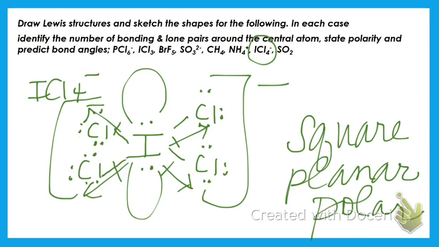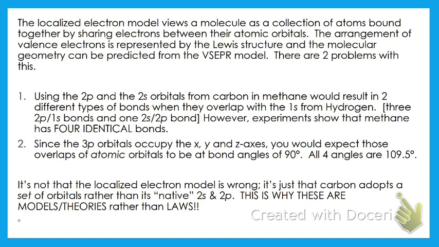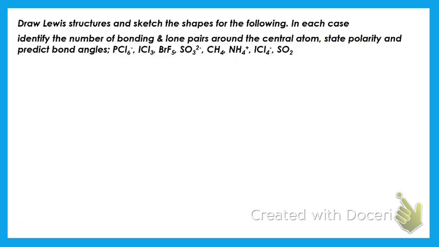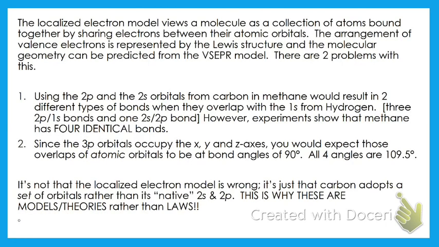Okay. All right, so that's going to take us to hybridization. I think I skipped one. Nope. Okay. So the current model that we've been talking about, the localized electron model, has a problem. 2 problems to be exact.